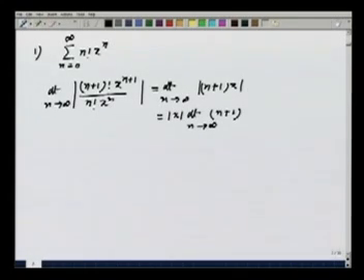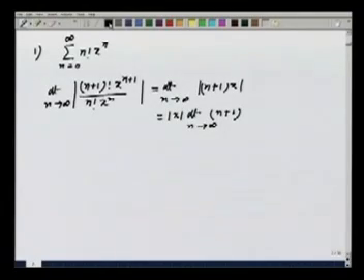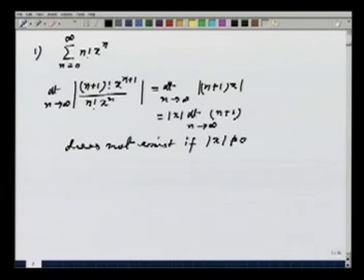It does not exist finitely. So that way I don't get any x, it looks like, for which the series makes sense. Notice that this limit does not exist if mod x is not equal to 0, that is x not equal to 0.